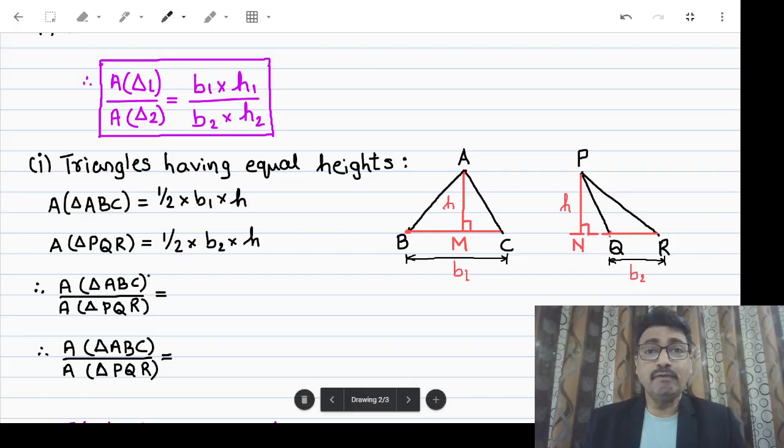Therefore, the ratio of areas of two triangles, we know, is B1 into H1, base of the first triangle into height of the first triangle, upon base of the second triangle into height of the second triangle.